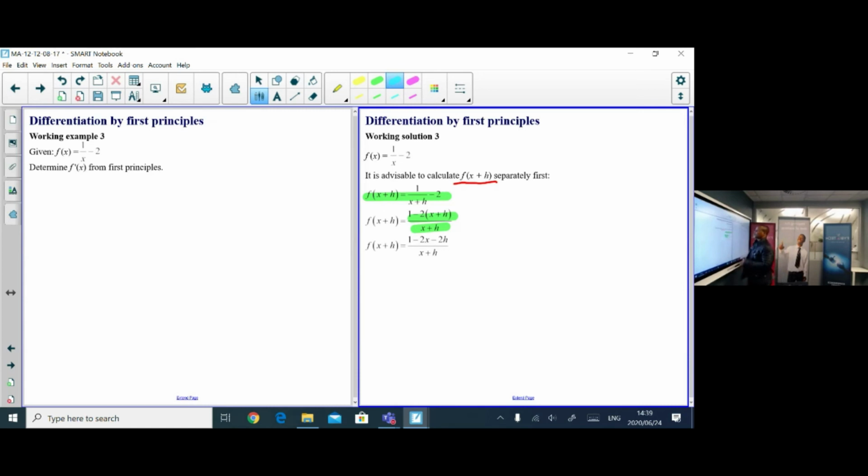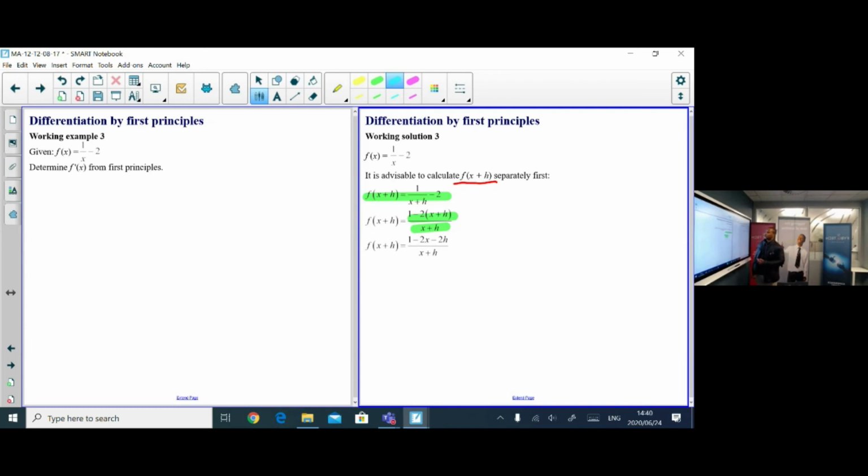So your syllabus allows you to easily differentiate when things are already in expanded form, rather than when it's factorized, which would be your first year at university, where you use the product.